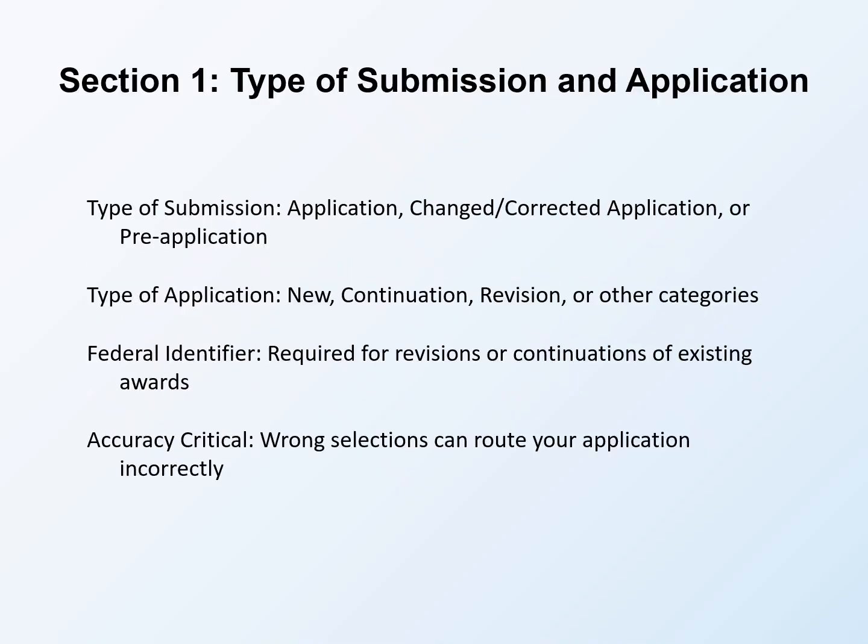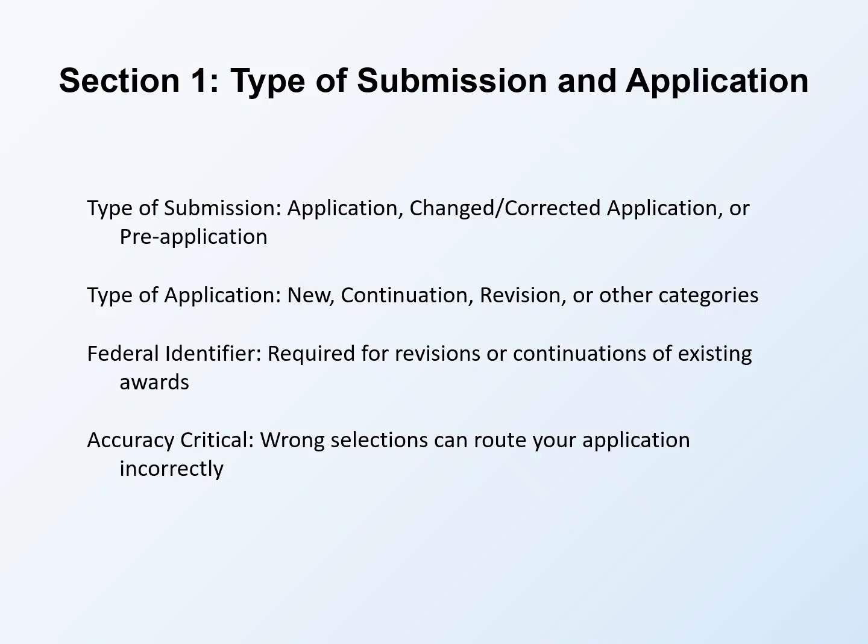Section 1 establishes fundamental categorization of your submission. Type of submission indicates whether this is an initial application, a changed or corrected application that modifies a previous submission, or a pre-application if the program uses a pre-application process. Most submissions are applications. Select changed or corrected only if you are resubmitting to fix problems with a previous submission to the same opportunity.